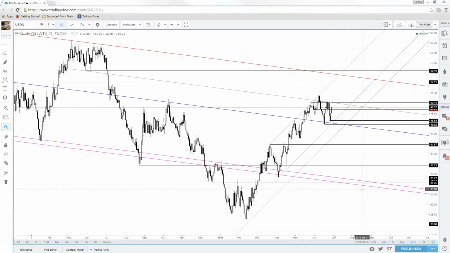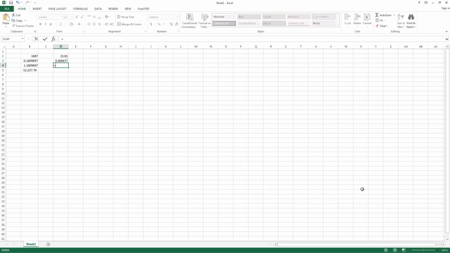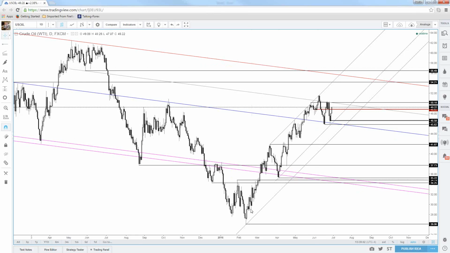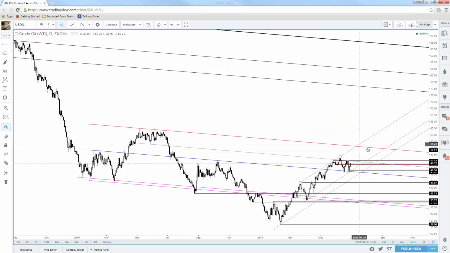What's a 61% rally from 35.22? That is 56.59. So again, plus 61%, plus 61% actually puts you all the way up here, which happens to be the May 2015 low.